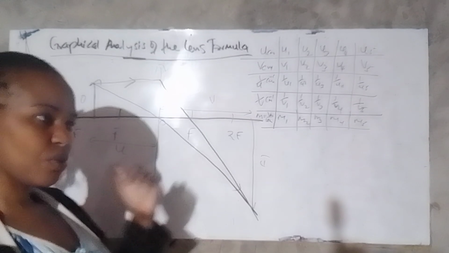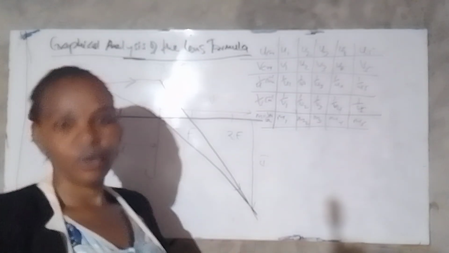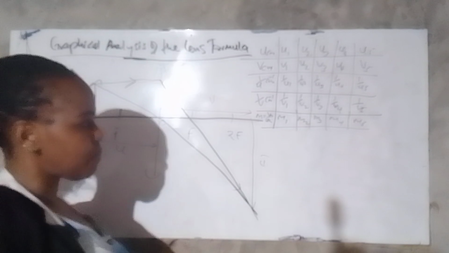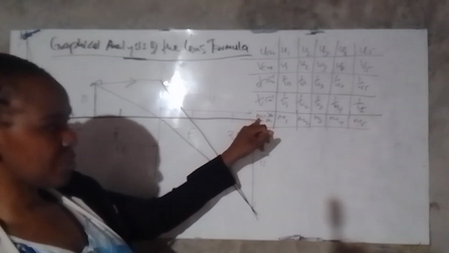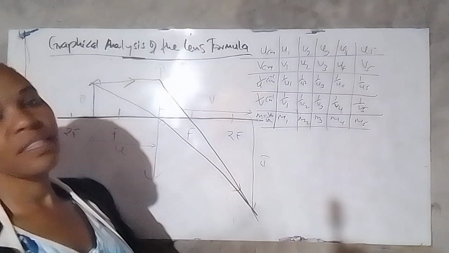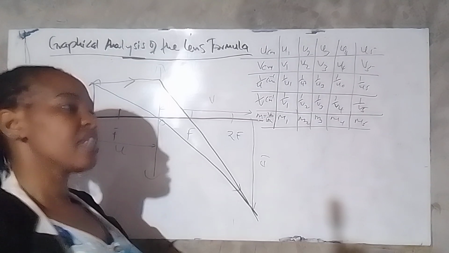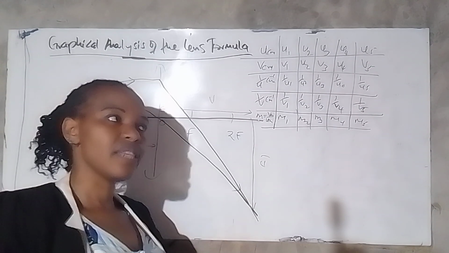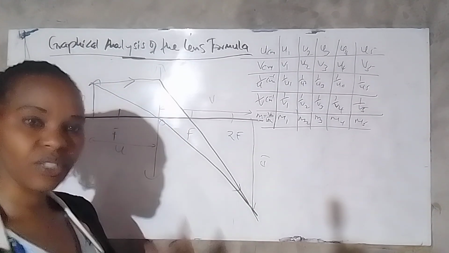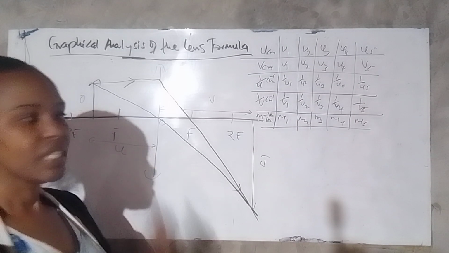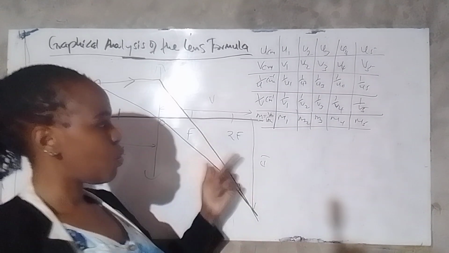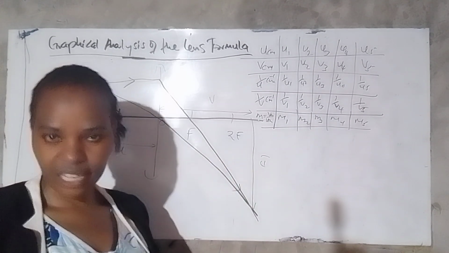I want you to go back to the previous video and check how we did that. The other graph we plotted was for magnification M against V, which again helped us to get the focal length. Again, it is in the previous video, so go and check how we plotted that graph.